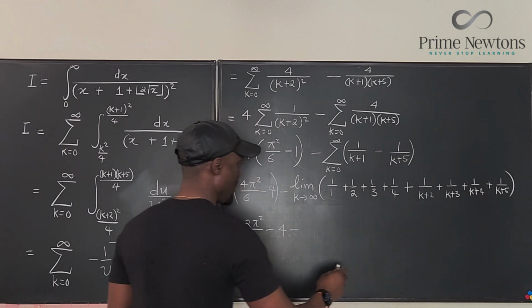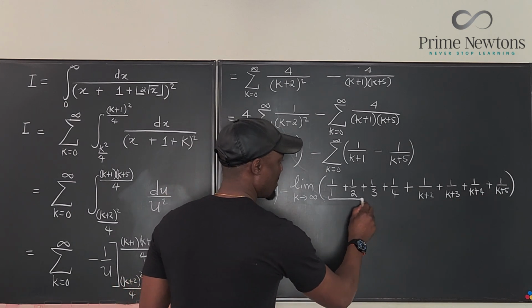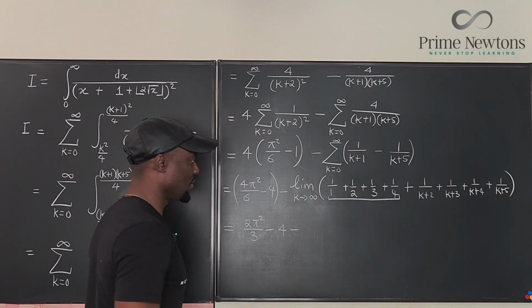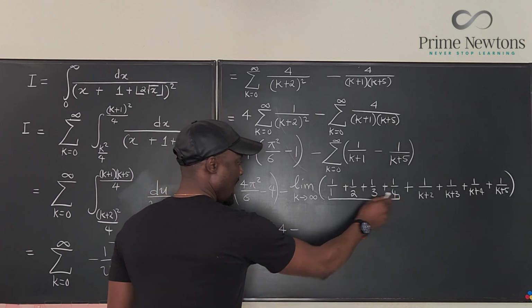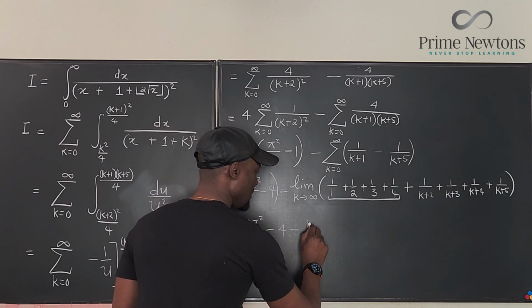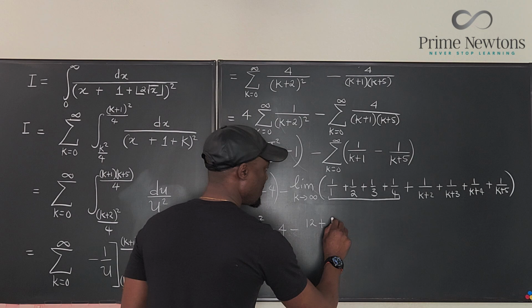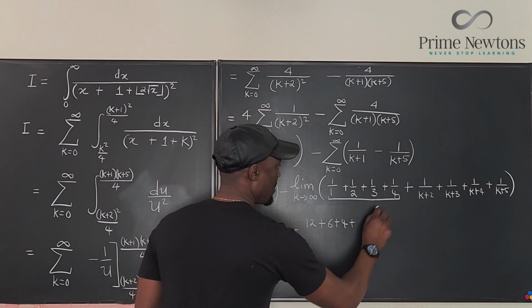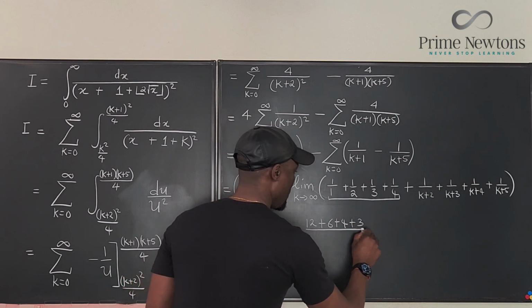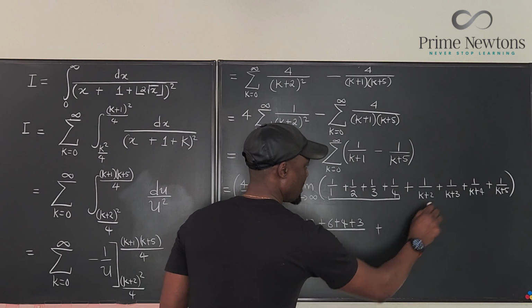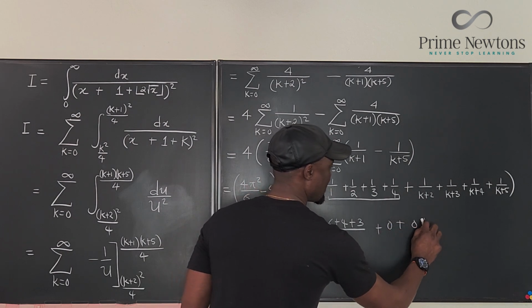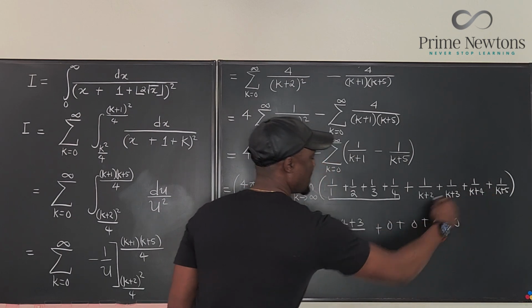All of this will be 0. If we add up all of these terms, the LCM is 12, so I can say minus 12 plus 6 plus 4 plus 3 all over 12, plus 0 plus 0 plus 0. Each of these limits will be 0.